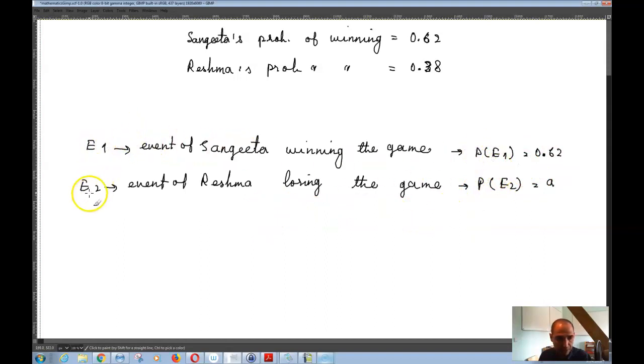And again, since E1 and E2 are complementary events, you can say that P of E1 plus P of E2 is equal to 1.